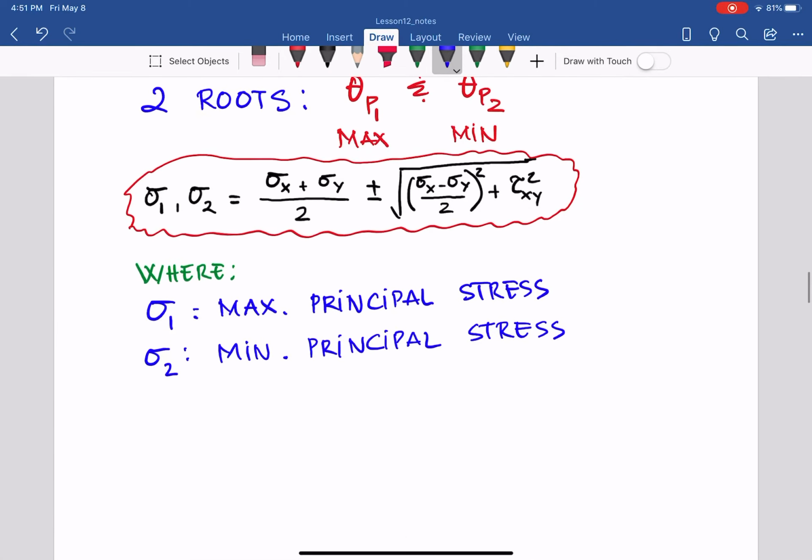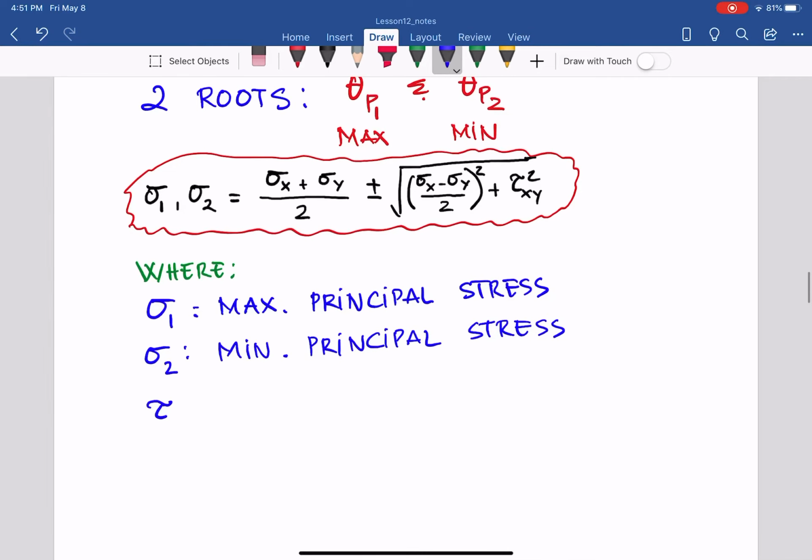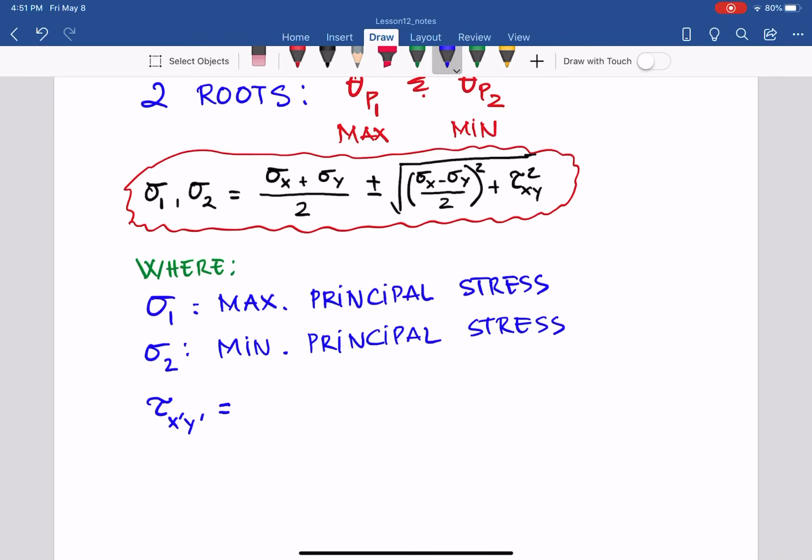And then what is the shear stress tau at the principal stress plane, at the plane that has the principal stresses? Actually it equals 0. So what does that mean?